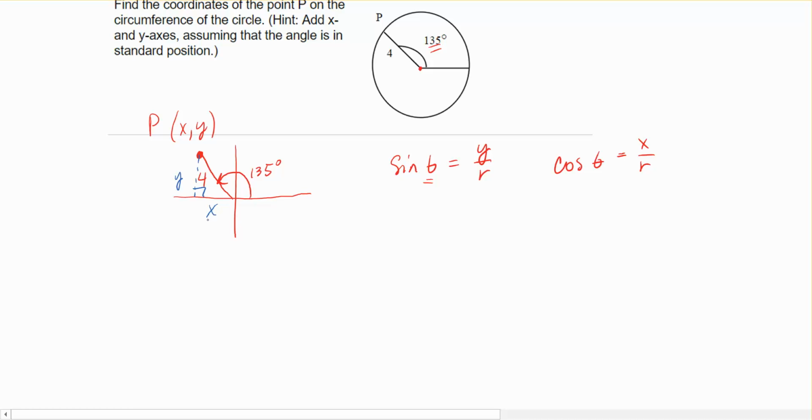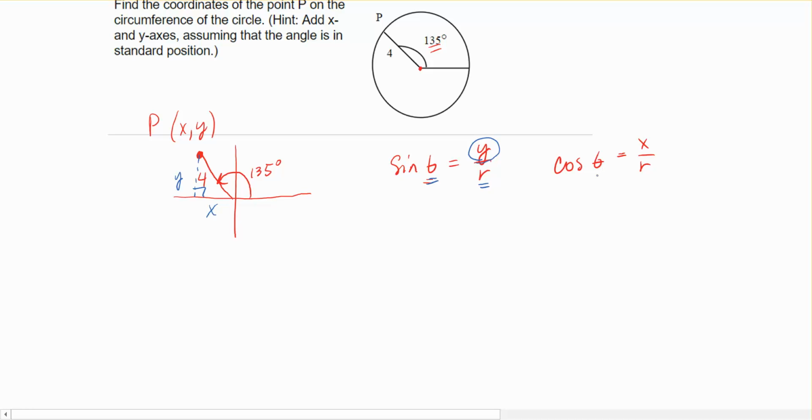Okay, so we go back here, and you notice that I only talked about sine and cosine, even though there are 6 trig functions available. The reason for that is because in the definition of sine, we know theta, we know r, and we are looking to solve for y. So the sine definition gives me 2 out of the 3 values to be able to solve for the missing piece.